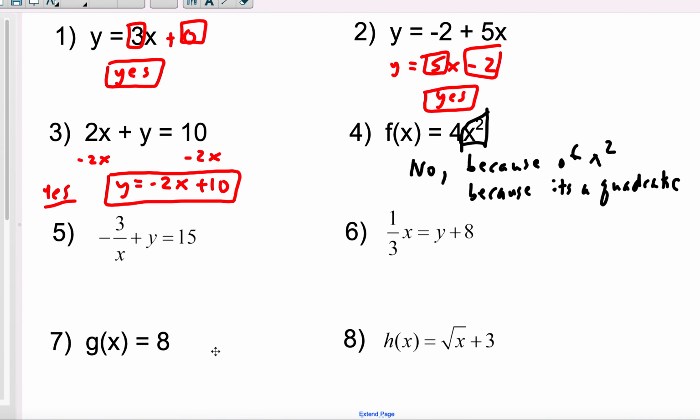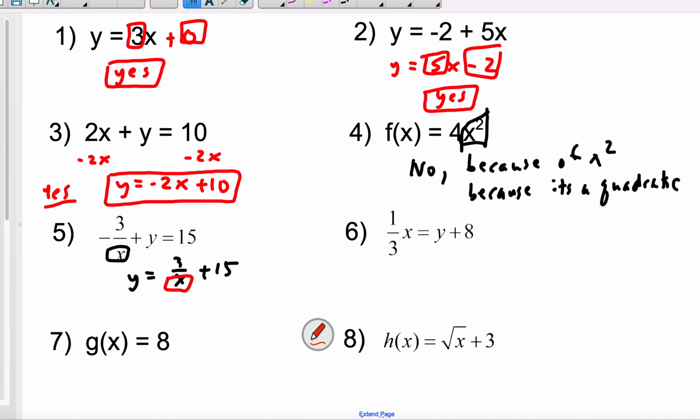So let's look at number 5. Number 5 has x down here in the denominator. We could bring everything over on one side. We could go ahead and add 3 over x, so we get 3 over x plus 15. But x is still down there in the denominator. In the other problems, like number 3, we got y equals negative 2x plus 10.